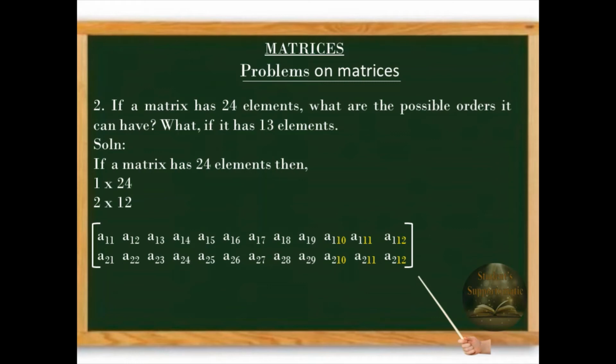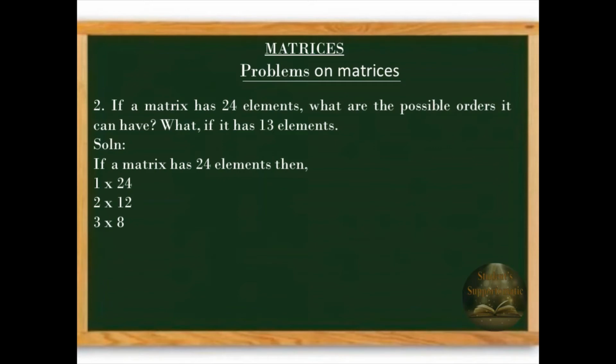The last elements I indicated in yellow color are the column numbers: 10, 11, 12 are the column numbers, and 1, 1, 1 is the row number. So A11, A12, and the second row A21, A22, A23 up to A2,12. So the 24 elements are arranged in 2 rows and 12 columns. This is one possibility. Now we'll go for the third possibility.